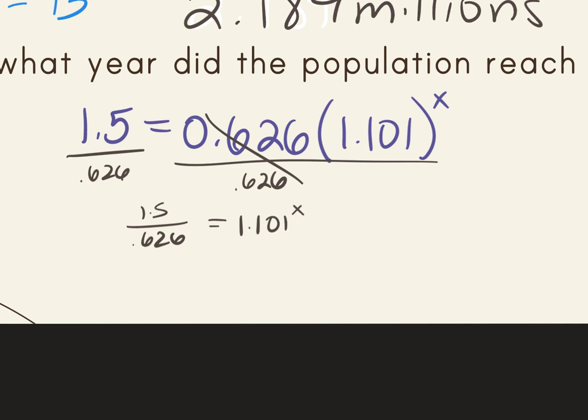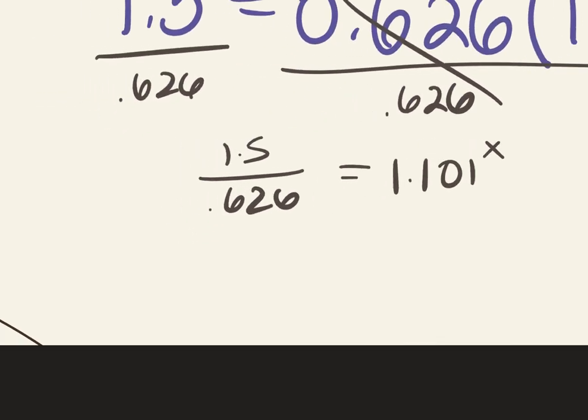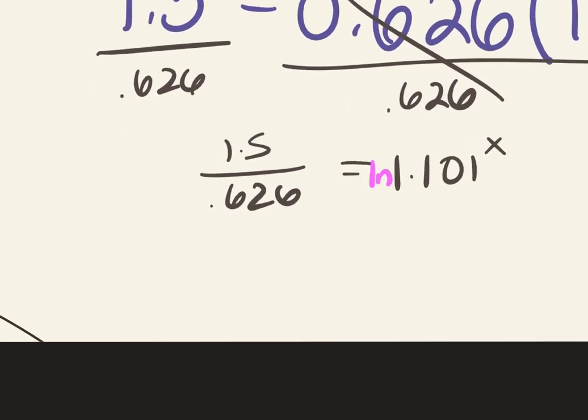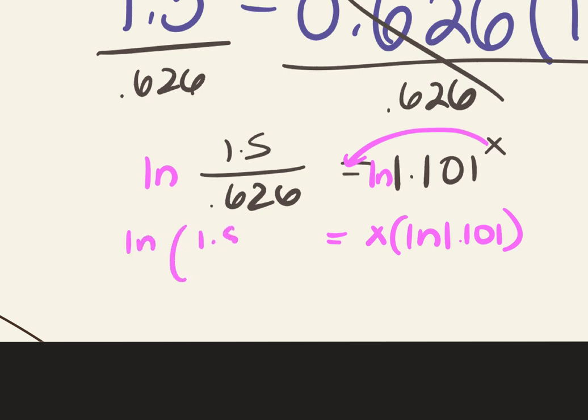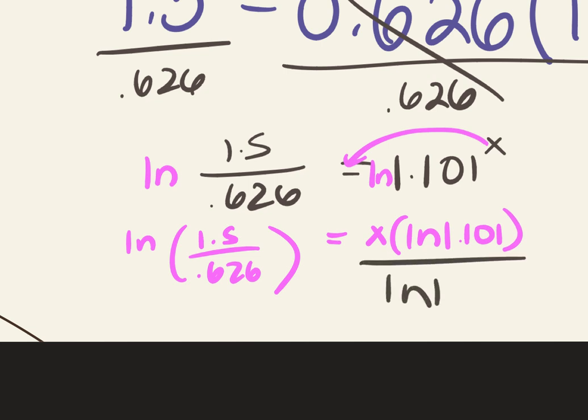You can log of any base, both sides, right? But we can ln both sides. I'm going to ln here. I'm going to ln here. And then the exponent bumps to the front. So this becomes x ln 1.101 equals the ln of 1.5 over 0.626. And then to isolate that x at the end, I'm going to divide by the ln of 1.101.